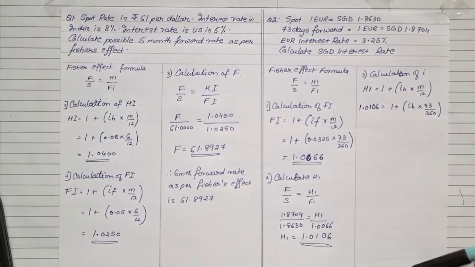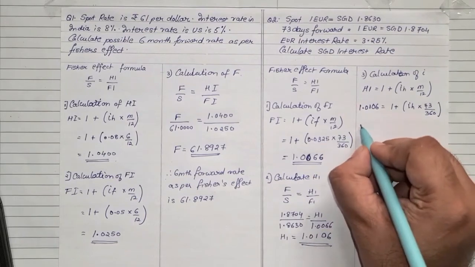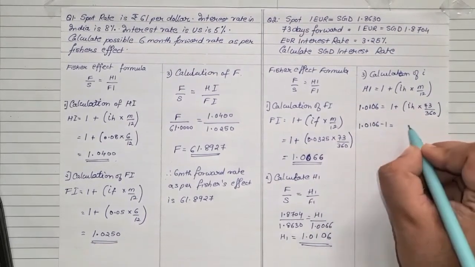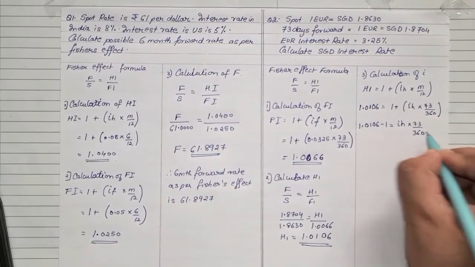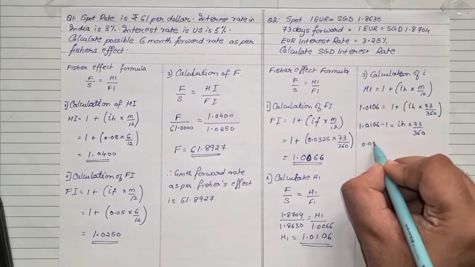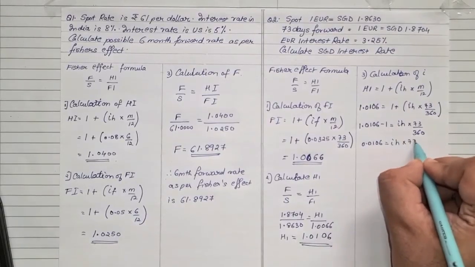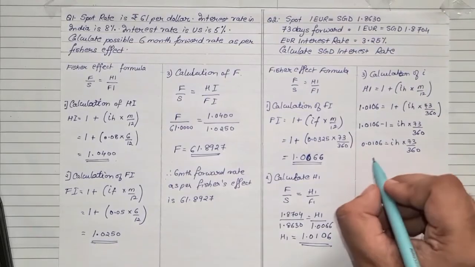Now look at this very carefully. This is plus. When it goes to the other side, it will become minus. So it will be 1.0106 minus 1 is equal to IH into 73 divided by 360. When we subtract it, I get this value as 0.0106 is equal to IH into 73 upon 360. Now we can cross multiply it.